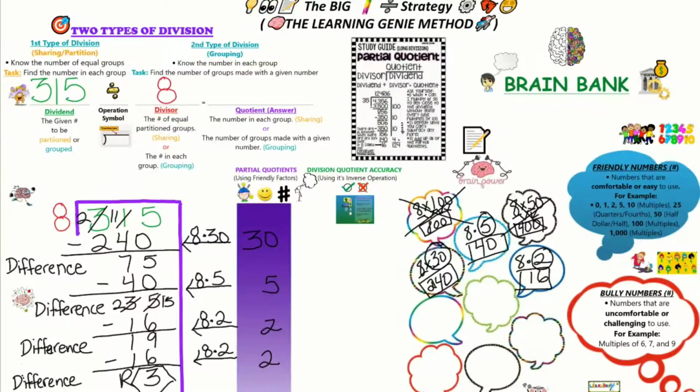Because the difference is less than the divisor. So if the difference, once again, is less than the divisor, then it becomes the remainder. So therefore, that's what these 3 dots stand for.